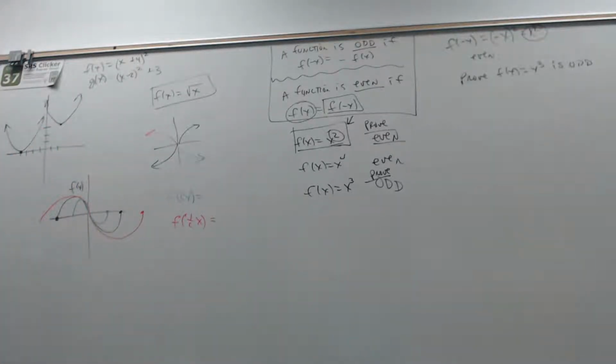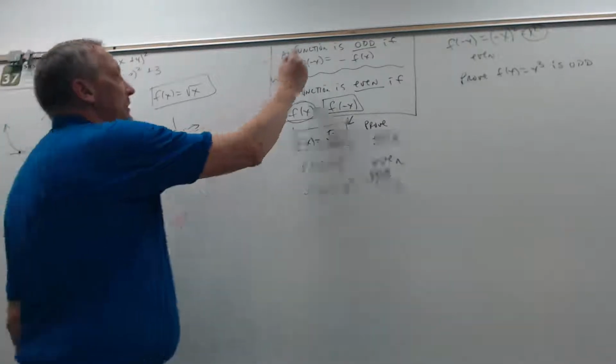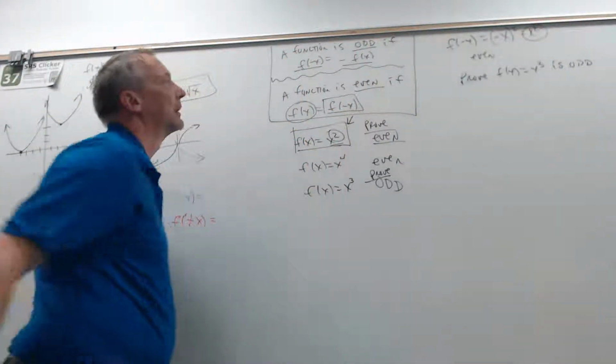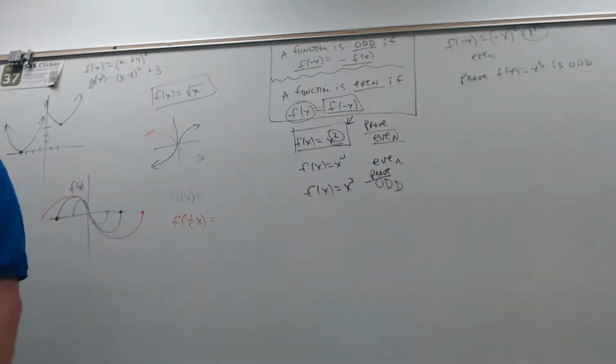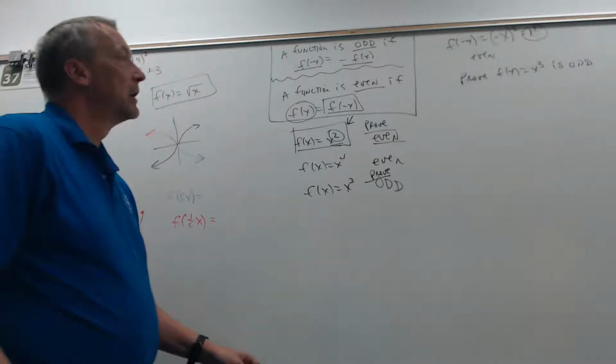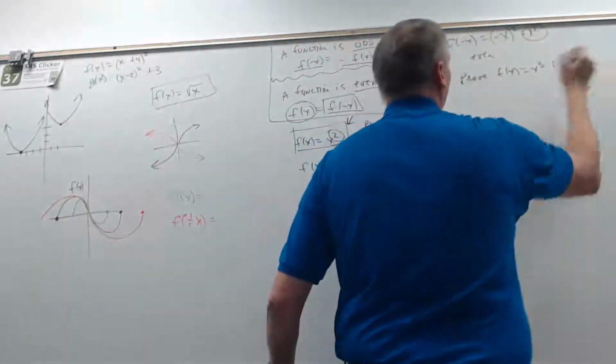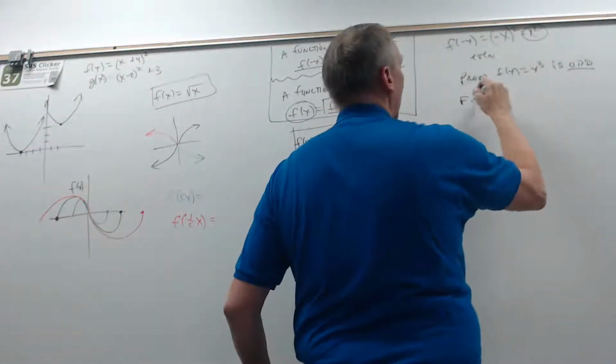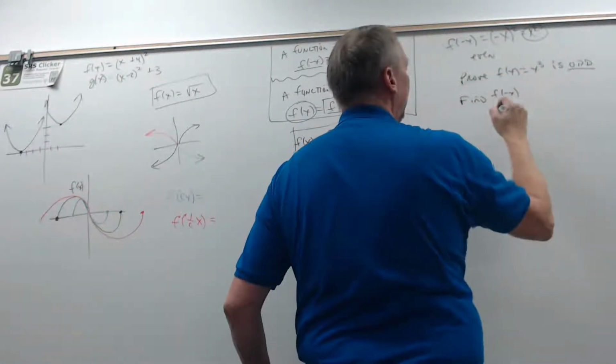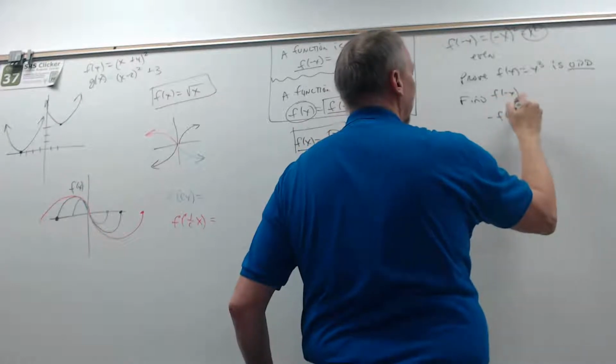So if it's an odd function, what are the two things I need to find? If I'm proving that it's odd, I need to find f of minus x, and I need to find minus f of x.